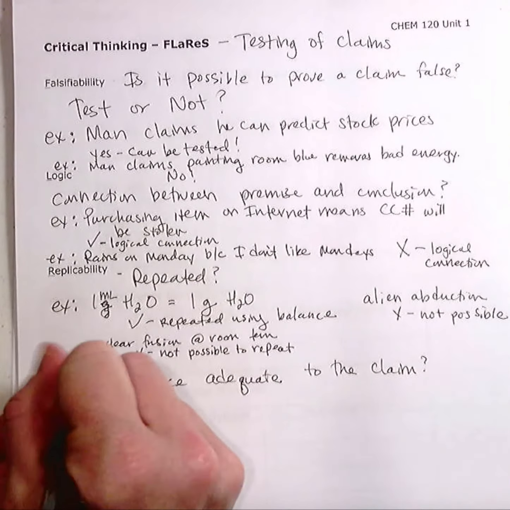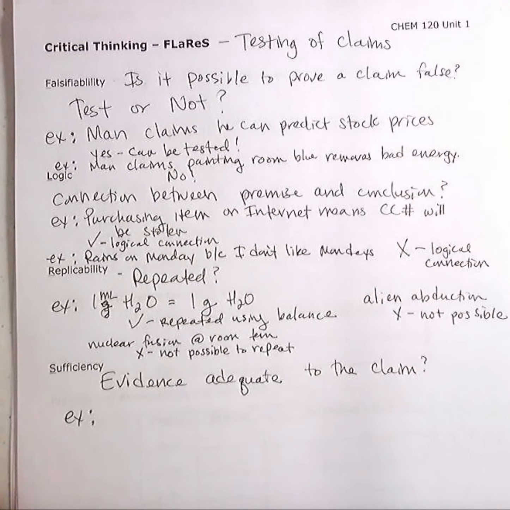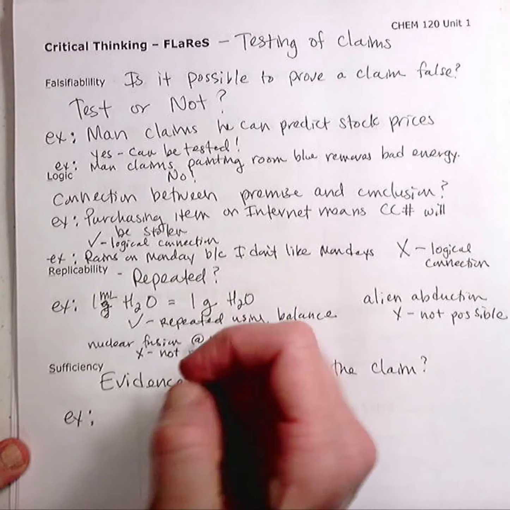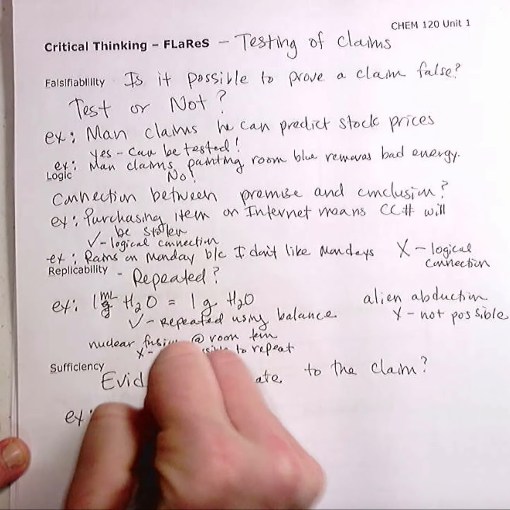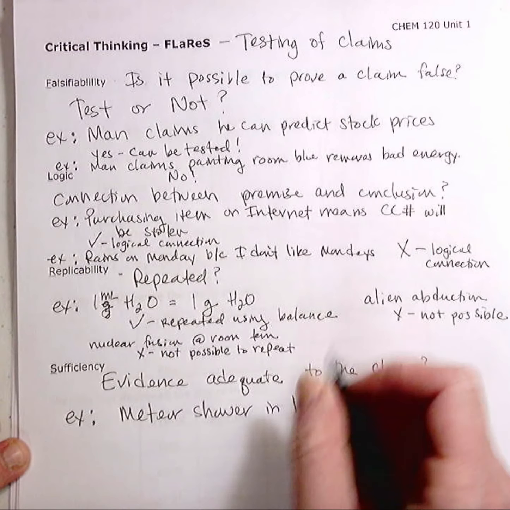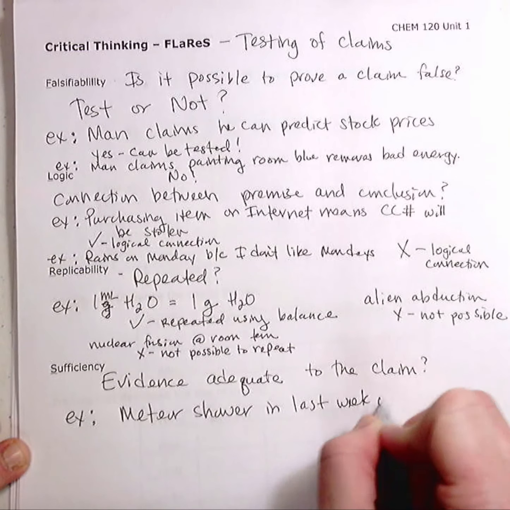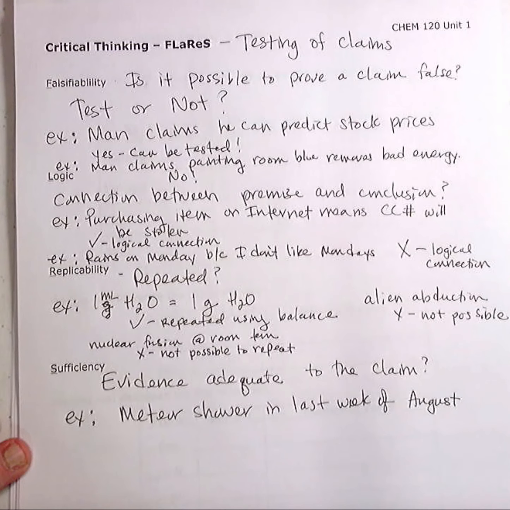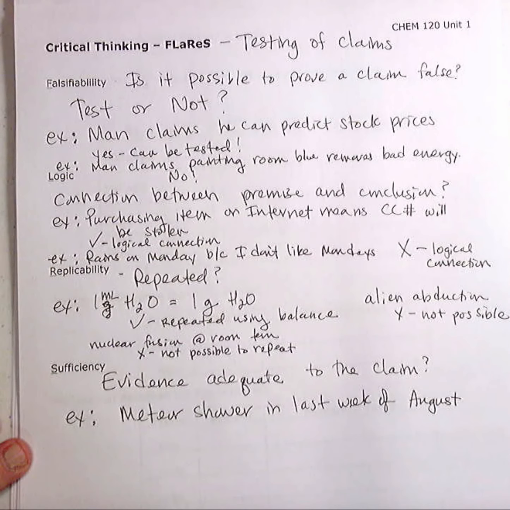Okay, example. A man says there will be a meteor shower during the last week of August. So it is possible to check previous years and determine when meteor showers occurred, and telescopes can be used to check for the source of a meteor shower.